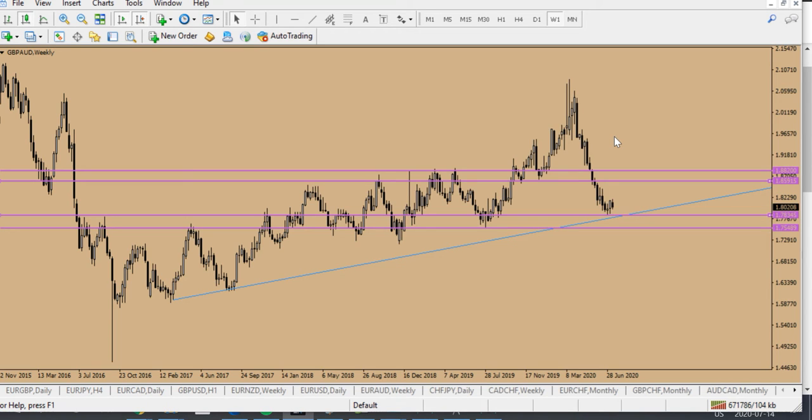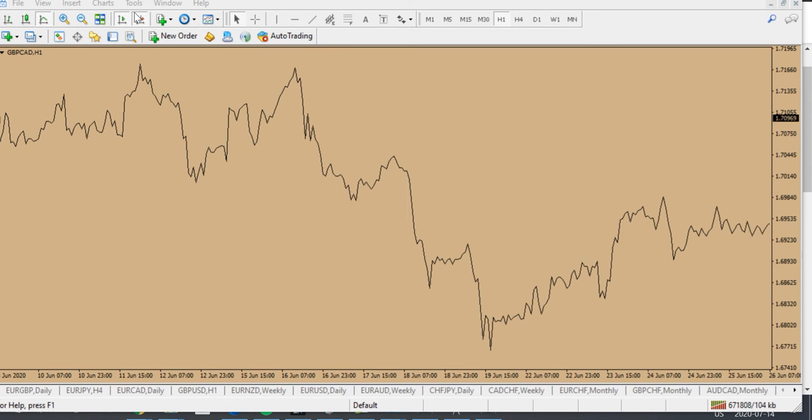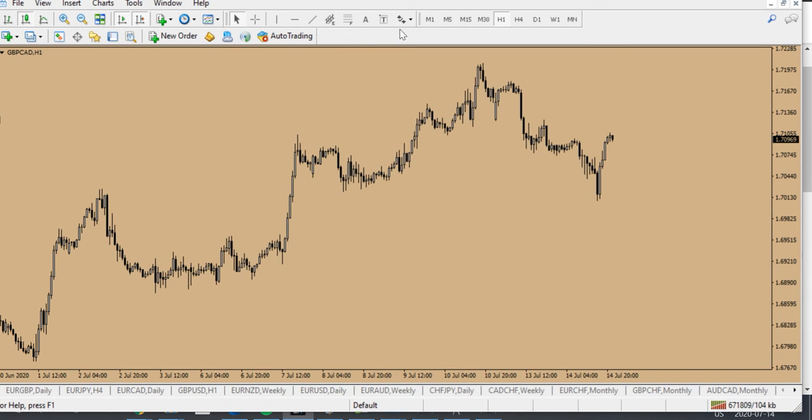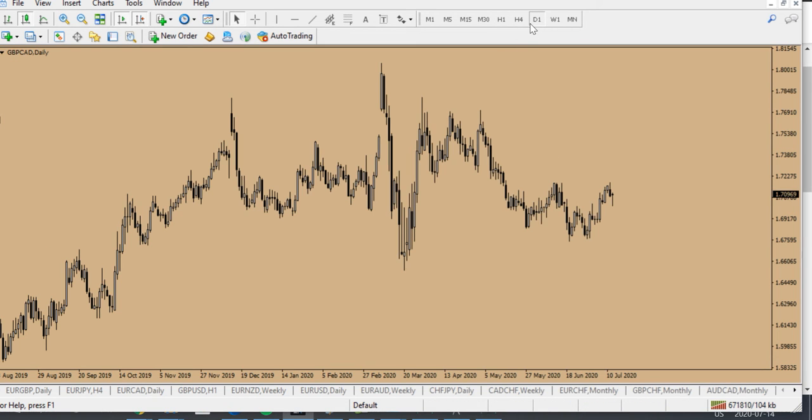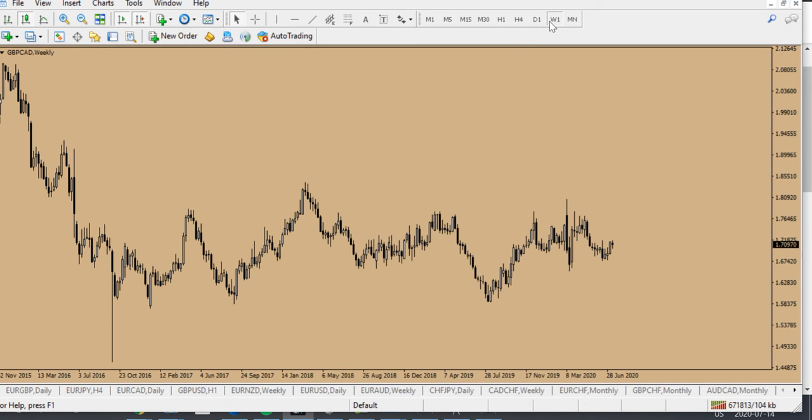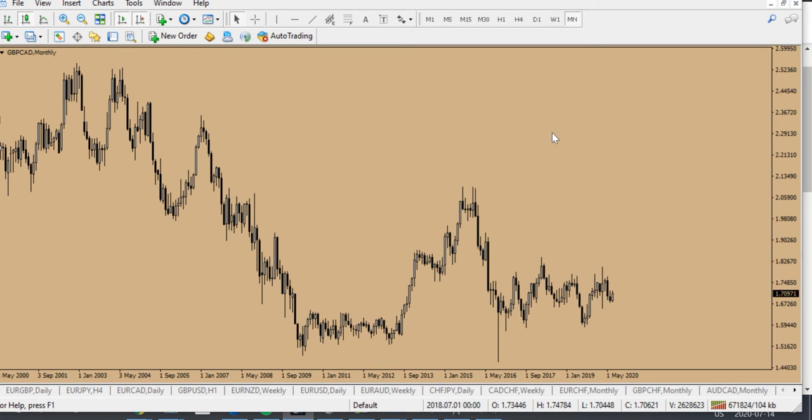Okay. GBPCAD. If you look at it on a weekly level, it seems to be in consolidation mode.